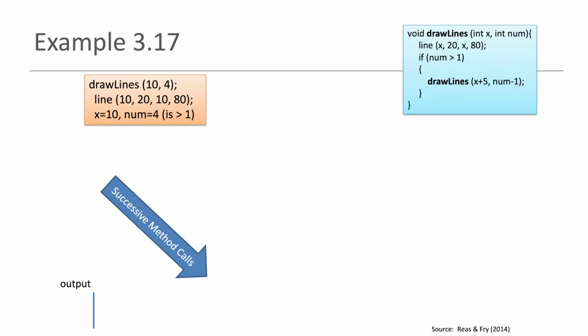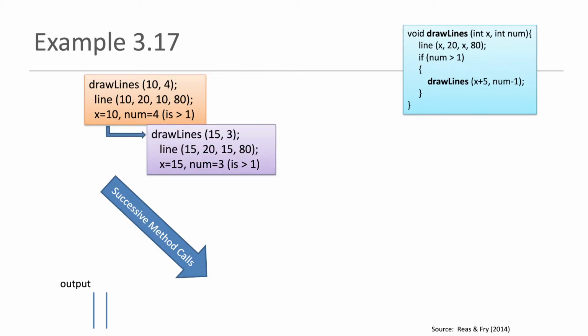And this is called recursion. So we end up calling draw lines with X plus 5, so it's now 15, and our number has been decremented, so it's now 3. So we're calling draw lines with 15, 3, and it draws the second line in the output.